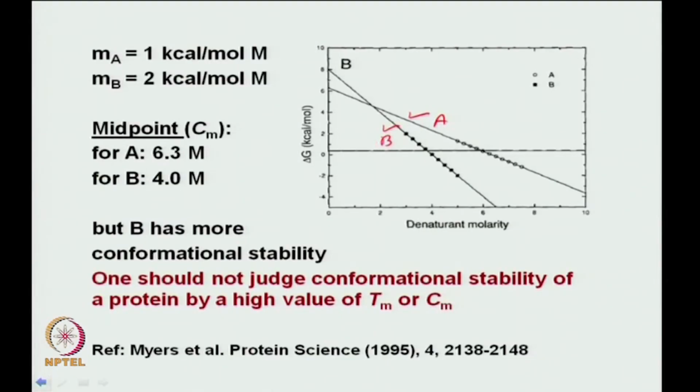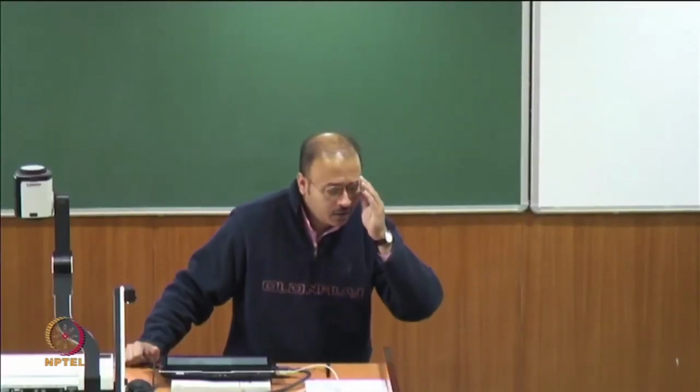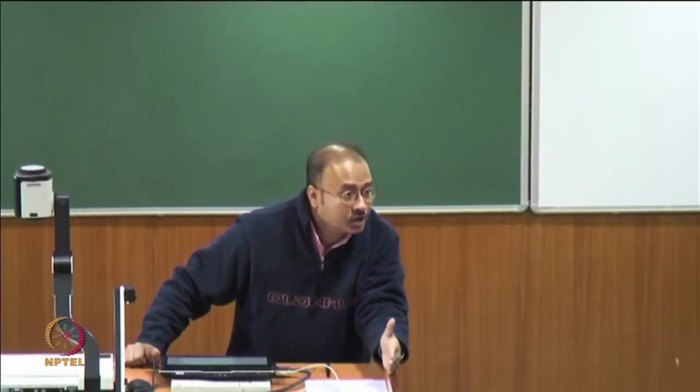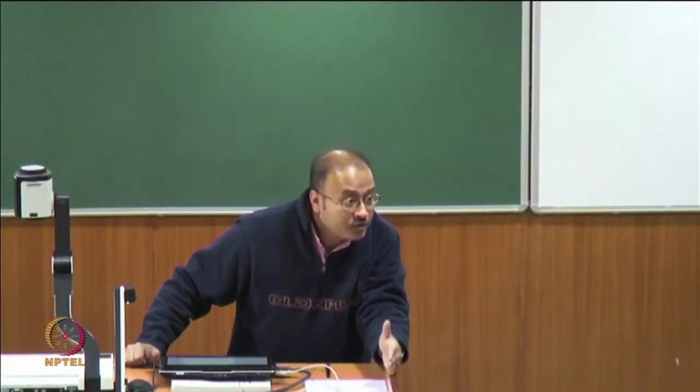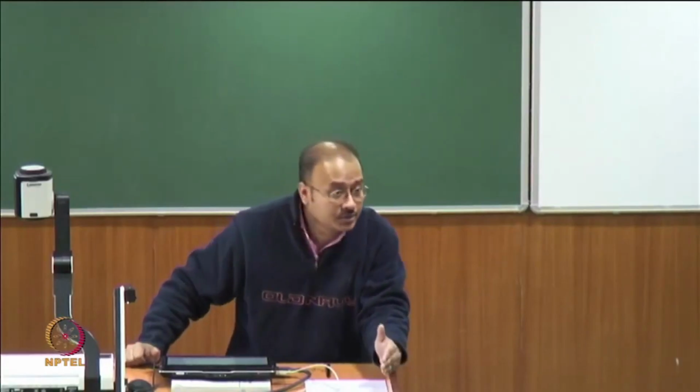So, what it means is your Tm or Cm essentially just gives you this information. What information does it give you? It is just that temperature where I have 50% denaturation.